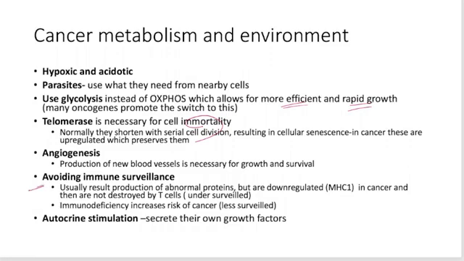Another key thing is that they avoid immune surveillance. So we talked about the CD4 and CD8 and major histocompatibility complexes, and we basically present antigen. We also talked about if there's cancer in that cell, it would be an MHC class 1. If it's internal, MHC class 1 is expressed on all cells except for red blood cells.